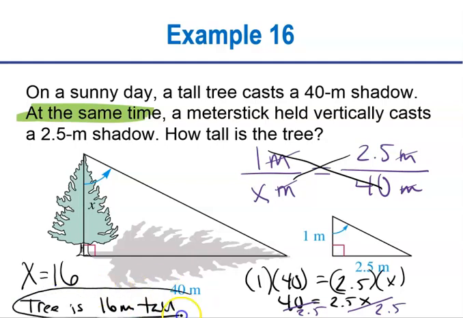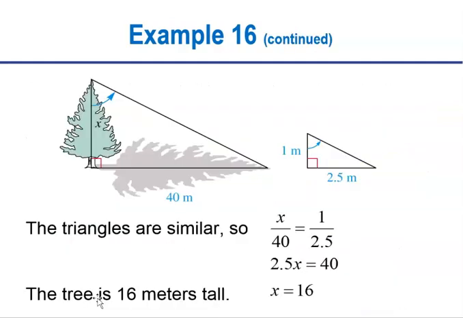Always try to answer your problems in sentence form. It's probably something I should work on as well. I have the typed up version of this. The triangles are similar, so x over 40 is equal to 2.5. Now, if you remember the way we did it, I set up the proportion the other way.